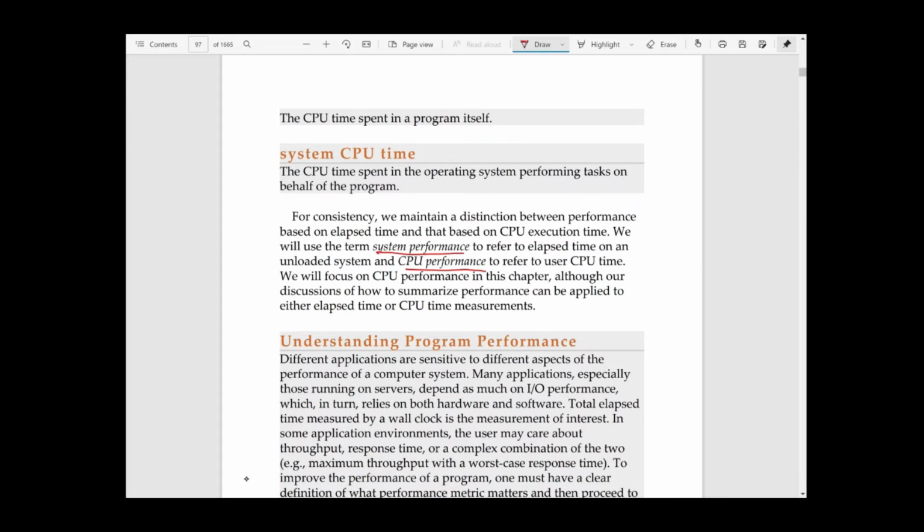Suppose both processors are the same, an Intel i7 installed in both laptops, but one laptop has an SSD and the other has a hard disk. Which one will perform better? Most of the time the laptop having SSD will perform better, right? So that is called system performance.